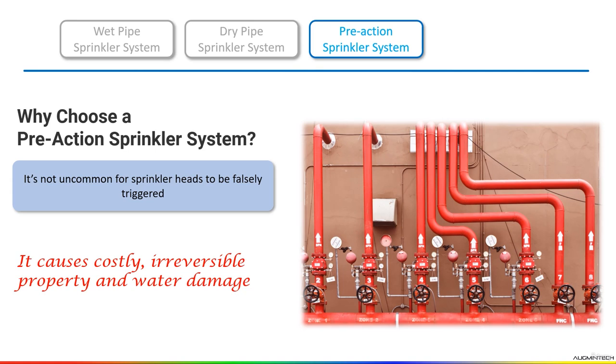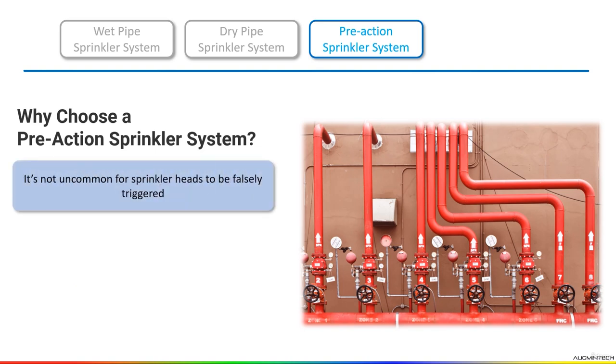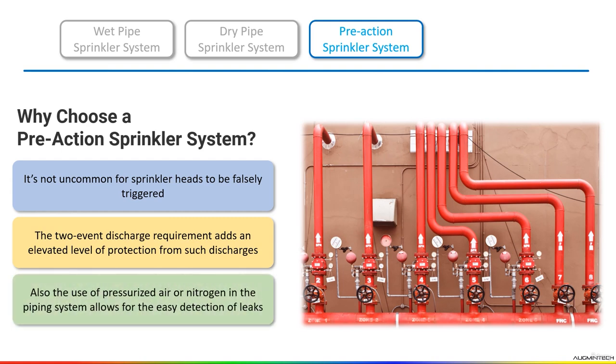The two-event discharge requirement adds an elevated level of protection from such discharges. Also, the use of pressurized air or nitrogen in the piping system allows for easy detection of leaks. So you can easily detect leaks by using this system.